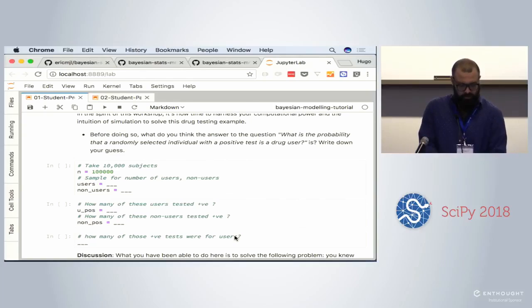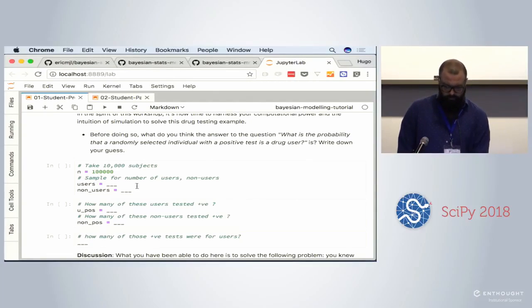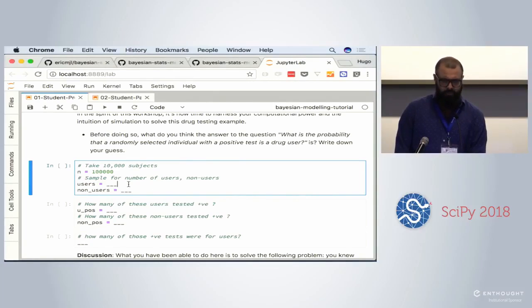Okay, well, I'm going to start just going through a bit of this. So I want to sample for the number of users. I know what percentage of people in the population are users. So what type of distribution would I want to sample from there? Binomial, exactly. I rarely ask trick questions. So we know n. What's the p in this case?